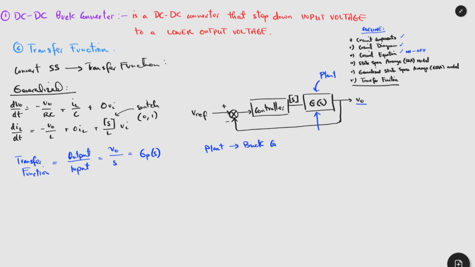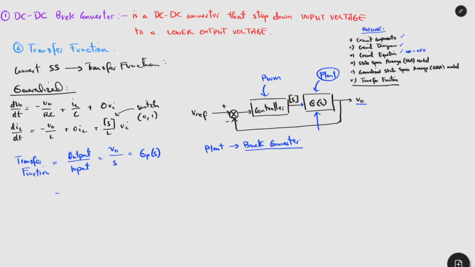buck converter, a controller is responsible for providing a PWM signal, and this PWM signal will now act as a switch to the buck converter, and it is connected to the MOSFET. So the signal S represents the PWM signal, and this PWM signal will switch on or switch off the MOSFET in the plant, which is the buck converter.